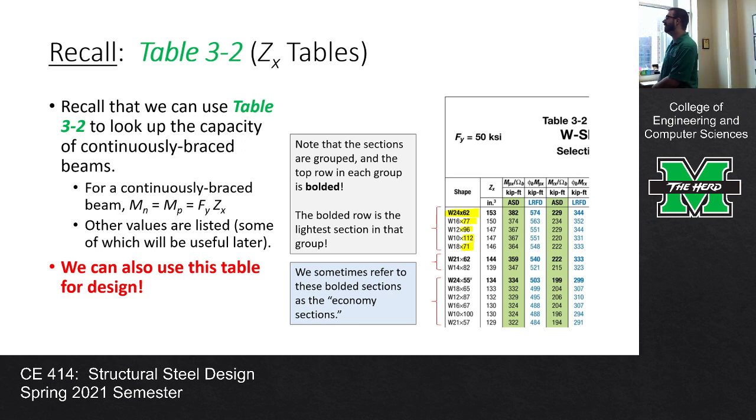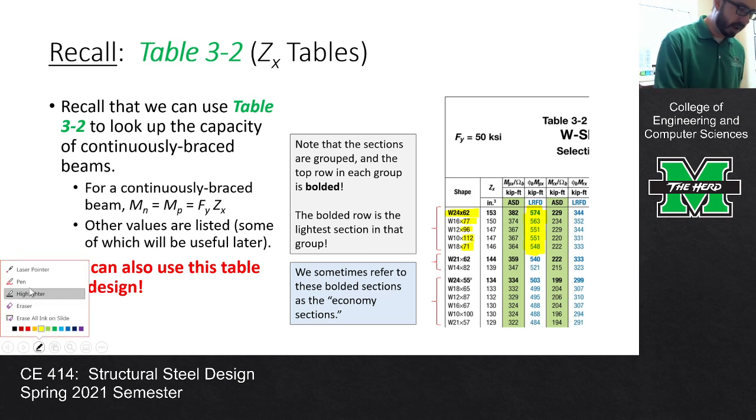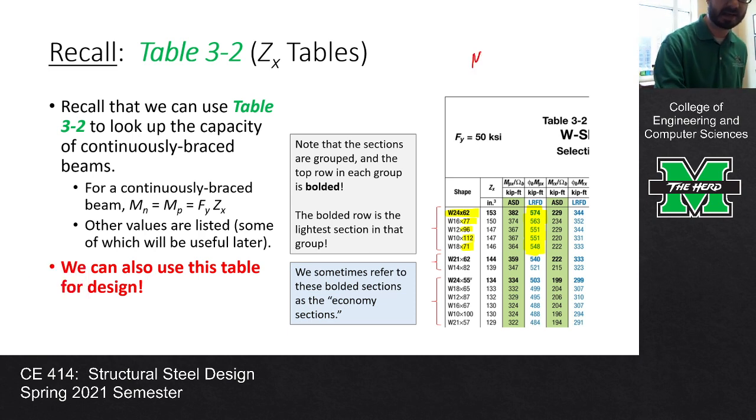So if I'm in design land, what I can do is solve for the required moment, go to this column if it's a continuously braced beam. Let's put some numbers to this. Let's say I have Mu is 550 foot-kips, okay?